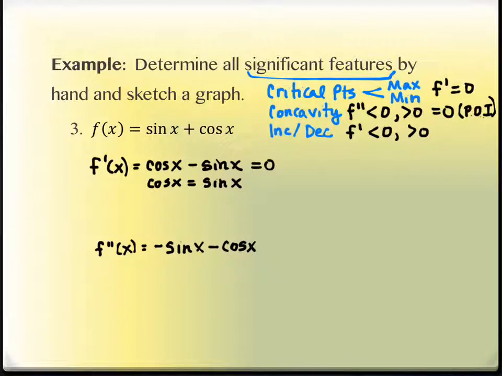How in the world do we get the sine value and the cosine value to be the same? Pi over 4s, right? So like pi over 4 and 5 pi over 4 and 3 pi over 4 and 7 pi over 4, that's within one unit circle, right? So it's all of the pi over 4 type values.